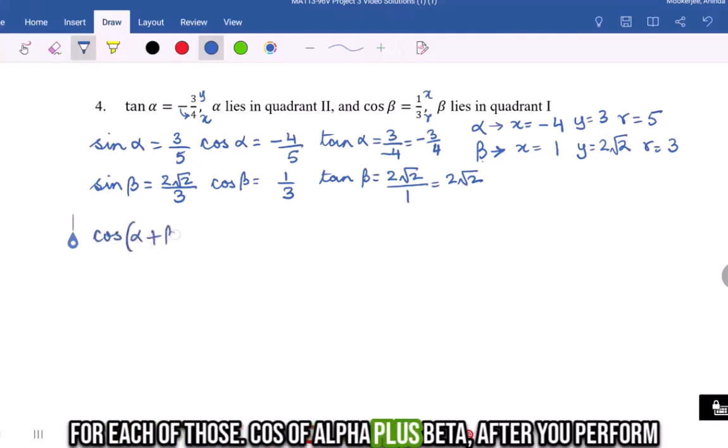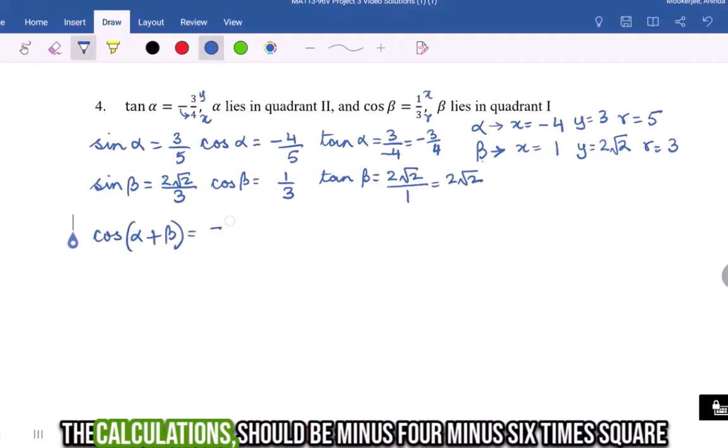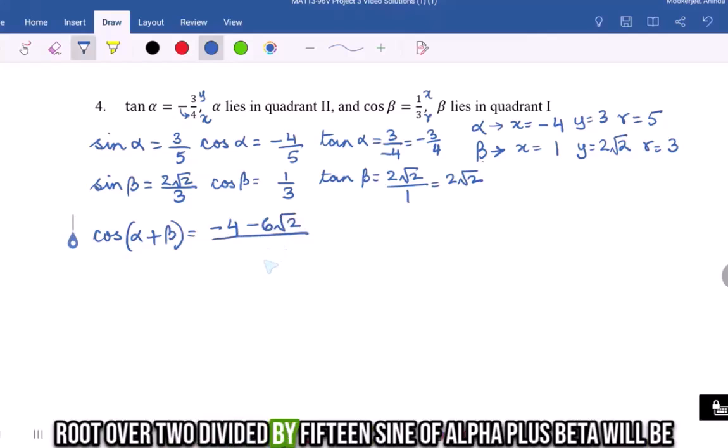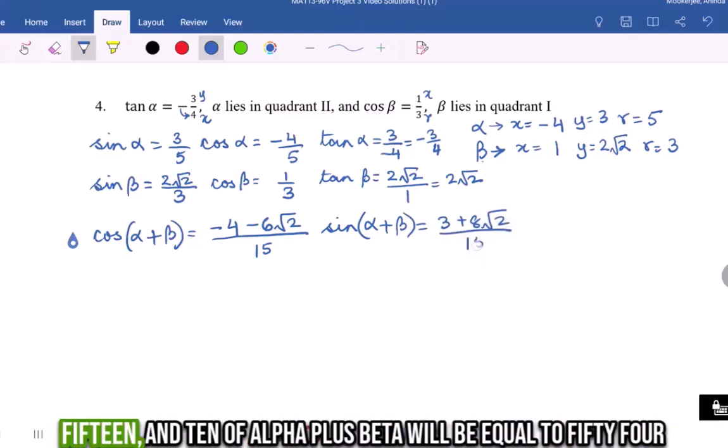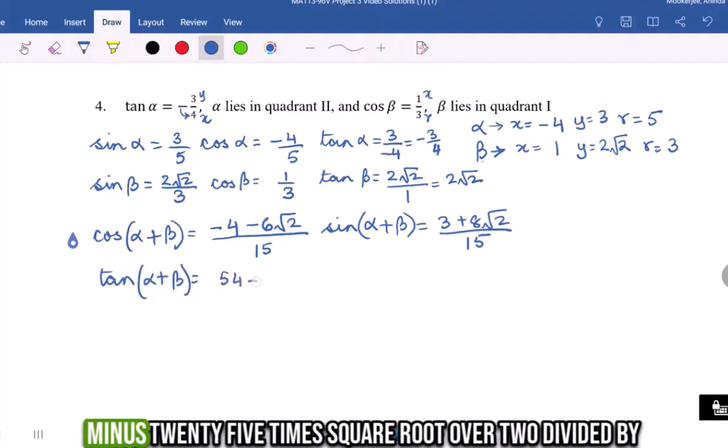Cos of alpha plus beta, after you perform the calculations, should be negative 4 minus 6 times square root of 2, divided by 15. Sine of alpha plus beta will be equal to 3 plus 8 times square root of 2, divided by 15. And tan of alpha plus beta will be equal to 54 minus 25 times square root of 2, divided by 28.